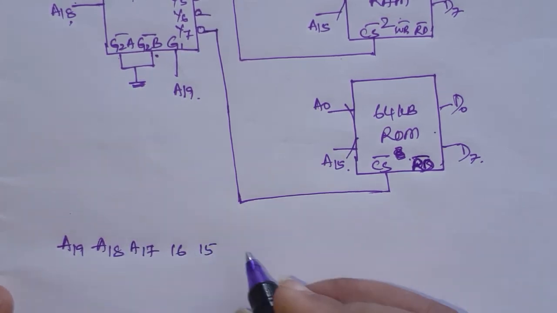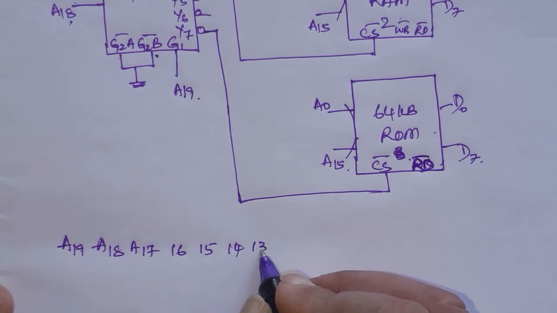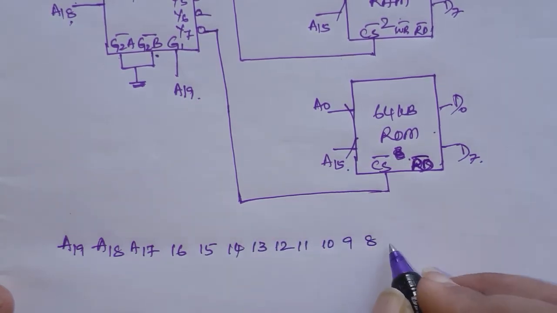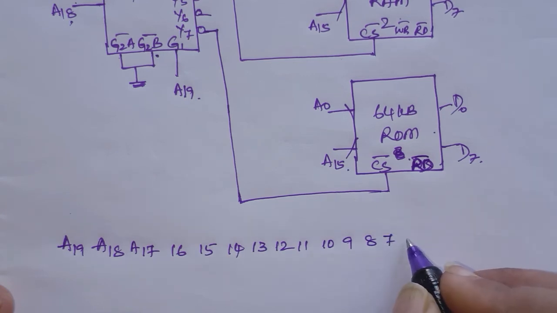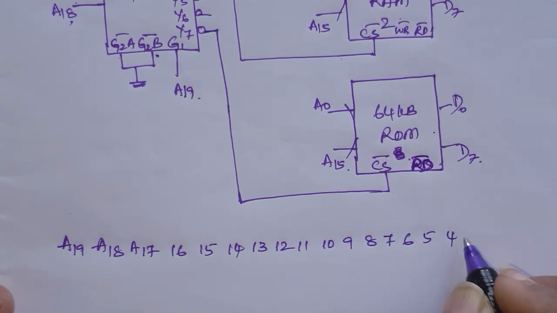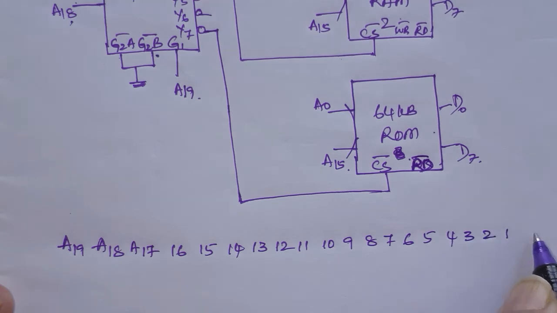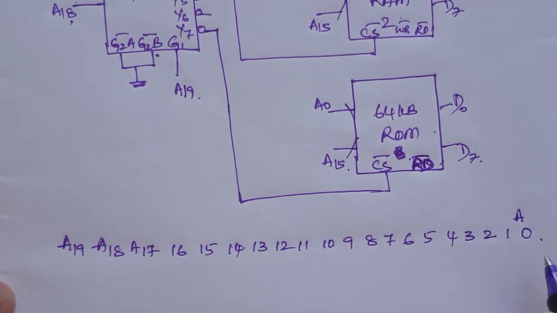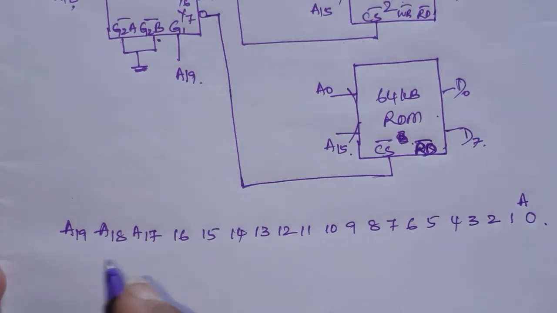We have already seen in the last video how we can write the address range. So A0 to A19, these are the address lines.